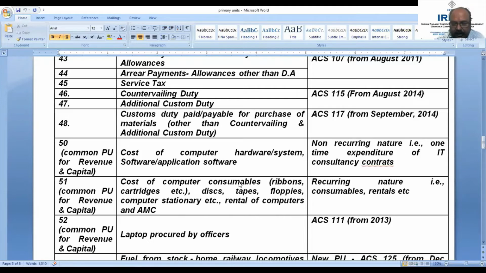PU 50 is the computer hardware and software, that means non-recurring expenditure. PU 51 is only the consumables, such as disks, tapes, floppies, stationery. This is the recurring expenditure.